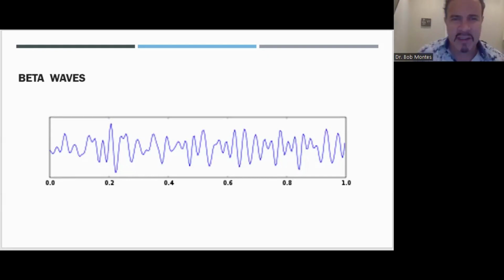Now, beta is broken into several categories. The lower beta frequencies are somewhere between 12 and 15 hertz, and it's the calmest of all of our beta brain waves, and it's often coupled with stillness and presence and relaxation, high concentration. Beta 2 is another span of brain waves that range from 15 hertz, or 15 oscillations per second, all the way to 23 hertz.